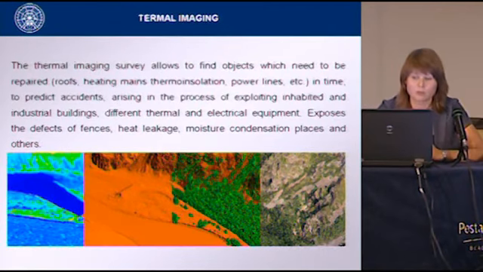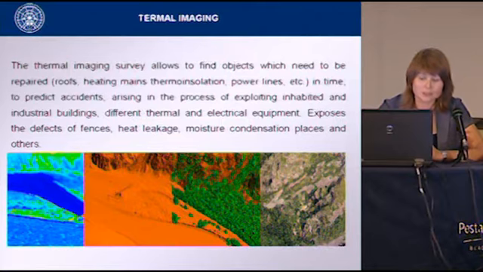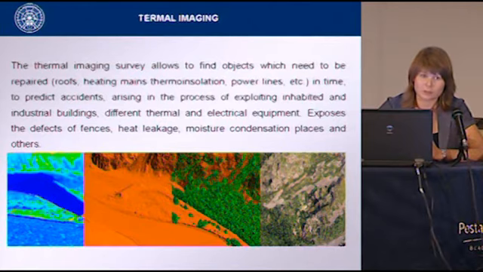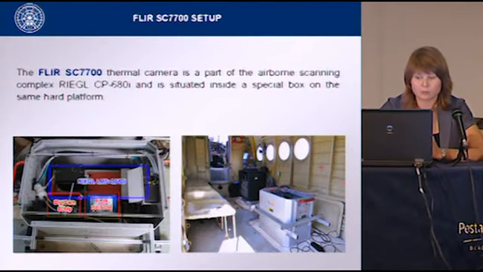The second peculiarity of this project was that aside from the classical LiDAR imaging, which was required by the customer for the 1000 scale, they requested also thermovisual imaging. And thermovisual imaging was a small byproduct. That's why there was no possibility to do the additional imaging of this surface with a large format, full-size thermovisual camera.